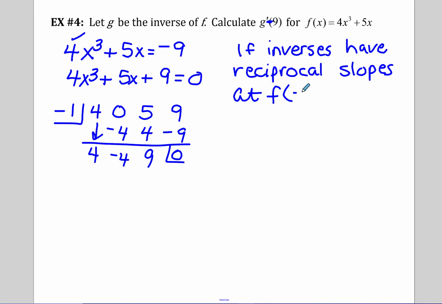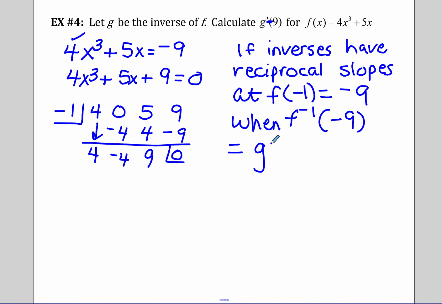At f of -1, my y value is -9. So when the inverse is -9, we can say that the g inverse of -9 is the f inverse of 9, since they defined g to be the inverse of f. So we know this is true.